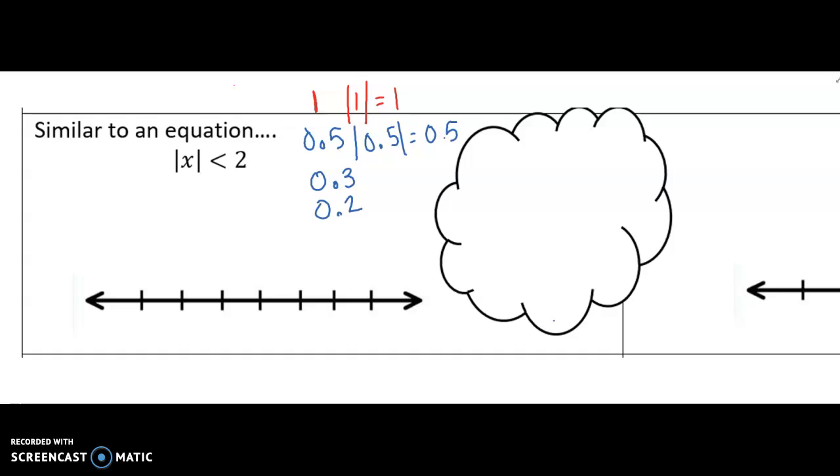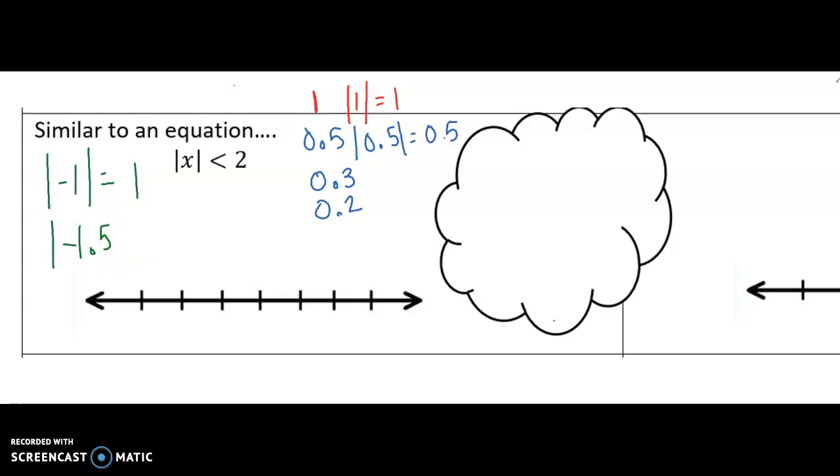So notice that we have multiple answers, but it's not only the positives that are less than 2, you could also have negatives. So for example, you could have the absolute value of -1. What's the absolute value of -1? 1. 1 is less than 2, so x could be -1. X could be, let's say, -1.5.